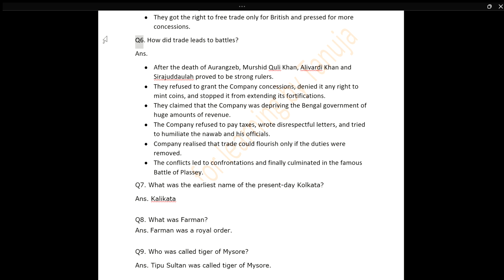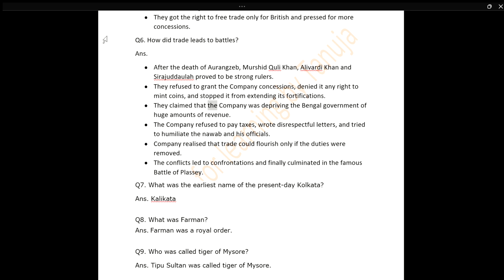Q6. How did trade lead to battles? Ans. After the death of Aurangzeb, Murshid Quli Khan, Alivardi Khan and Siraj-ud-Daulah proved to be strong rulers. They refused to grant the company concessions, denied it any right to mint coins, and stopped it from extending its fortifications.